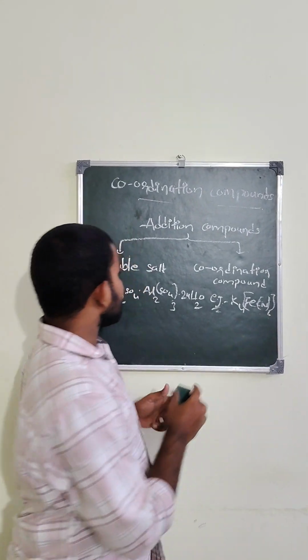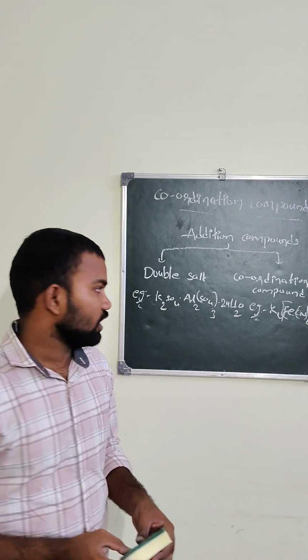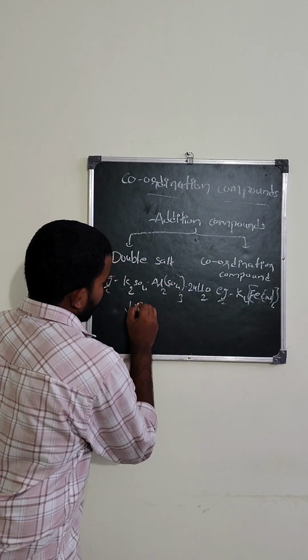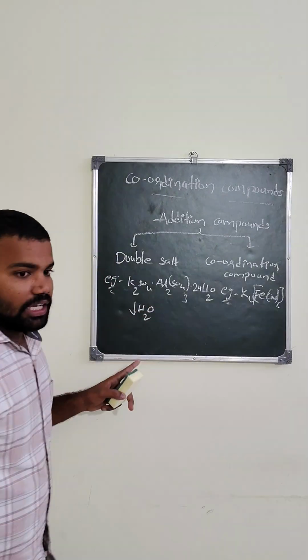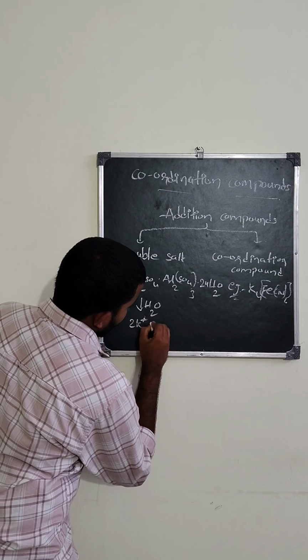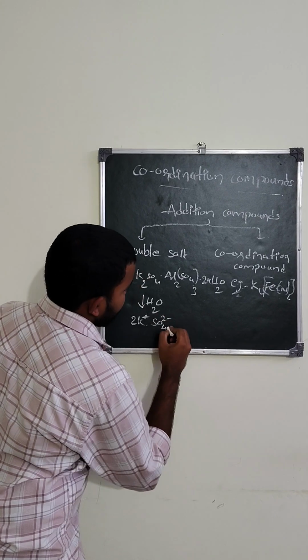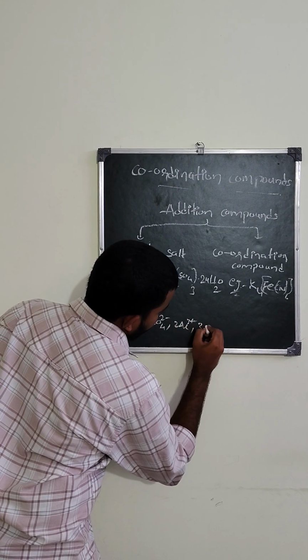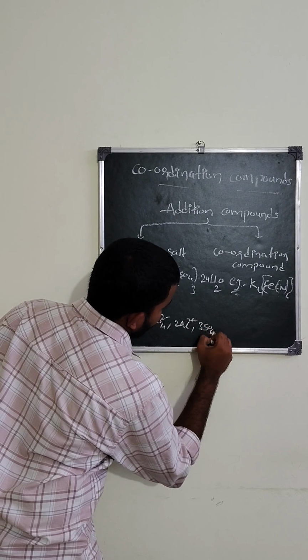Now what is the difference between double salt and coordination compound? If I dissolve this compound in water, it dissociates into 2K+, SO4 2-, and 2Al 3+, and 3SO4 2-.